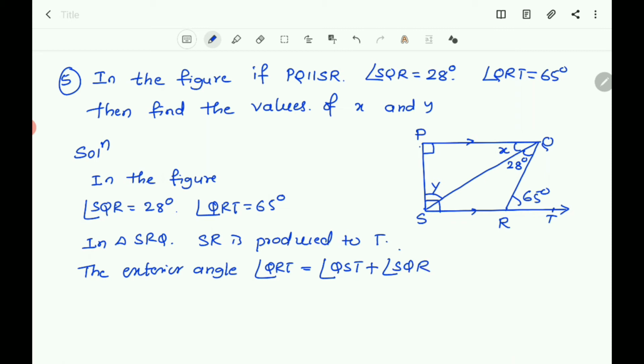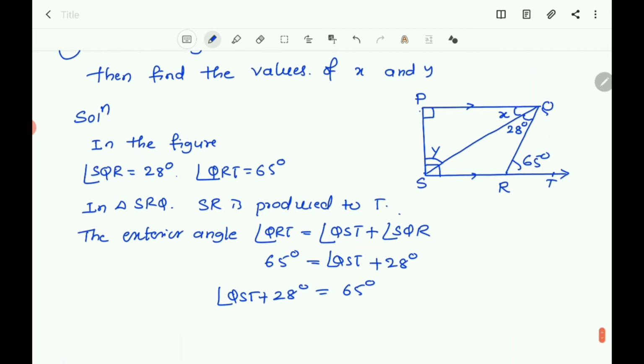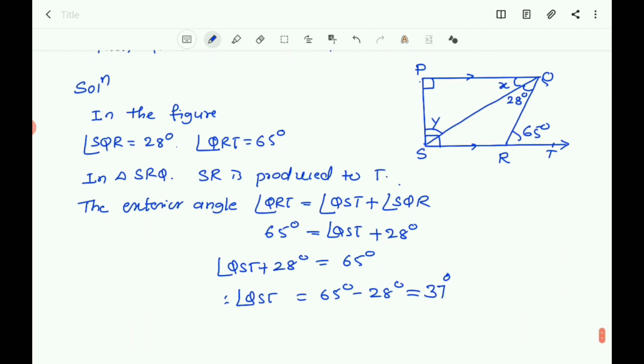You know that angle QRT is given, that is 65 degrees, QST is not given, plus SQR is given as 28 degrees. So angle QST plus 28 degrees is equal to 65 degrees. Therefore, angle QST is equal to 65 degrees minus 28 degrees, that is 37 degrees.